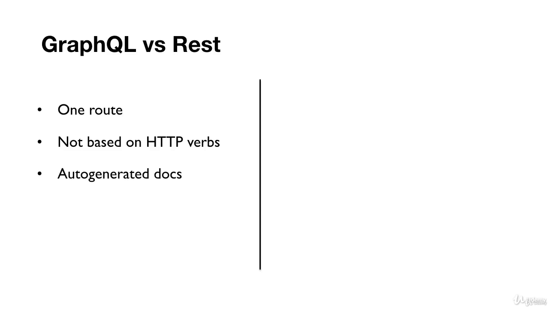GraphQL provides a fantastic tool to generate the documentation. GraphQL automatically generates documentation for you. You don't need to work on the docs part. It provides data typing. You can specify your queries or the types, like what type of response you want. You need to specify the type in GraphQL.